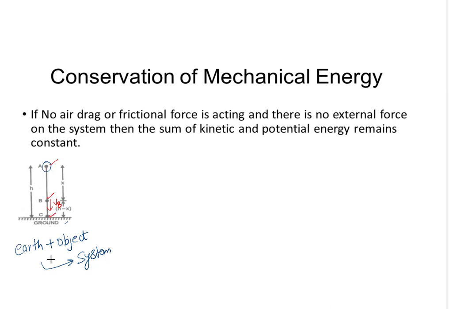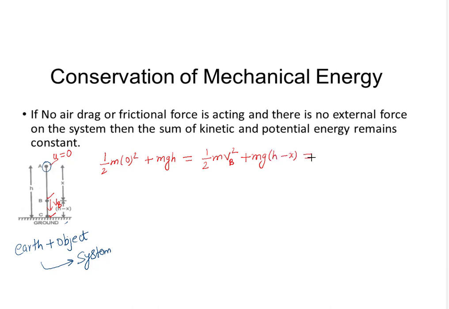Basically, the sum of kinetic and potential energy at A, if the object has velocity equal to 0, is the kinetic energy half m 0 squared plus the potential energy mgh. This is equal to the mechanical energy at point B, which is half m Vb squared, the kinetic energy at point B, plus the potential energy at point B, which is mg, and the height right now is h minus x, correct?